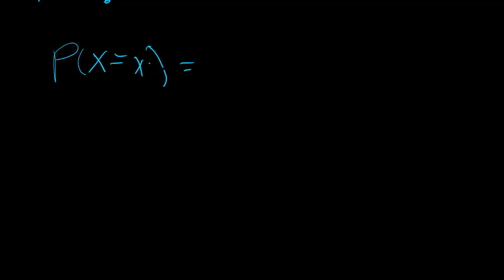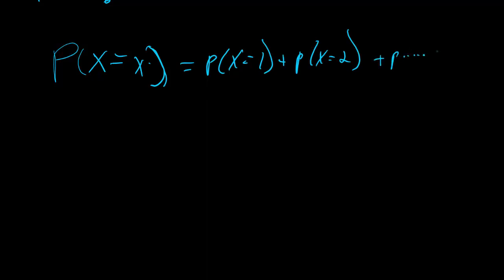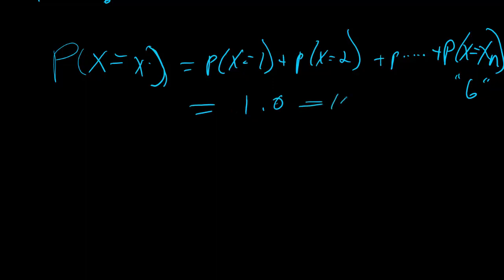The probability that x will be rolled is the probability that x is equal to 1 plus the probability that x is equal to 2 plus the probability that, and you get the picture, all the way till the probability of x is equal to whatever the largest n is. In this case, that would be a 6. All right, if I add all of those together, they're going to add up to 1.0 or 100%.